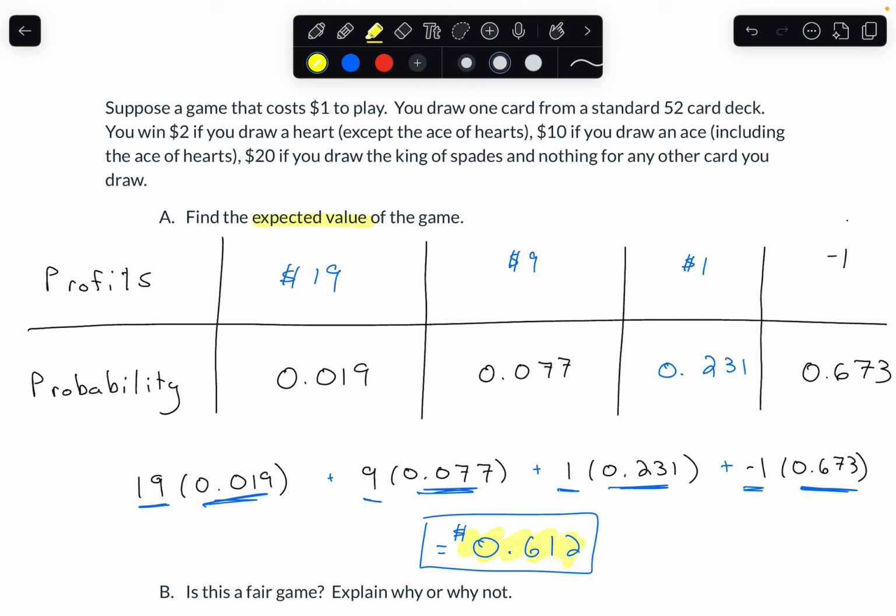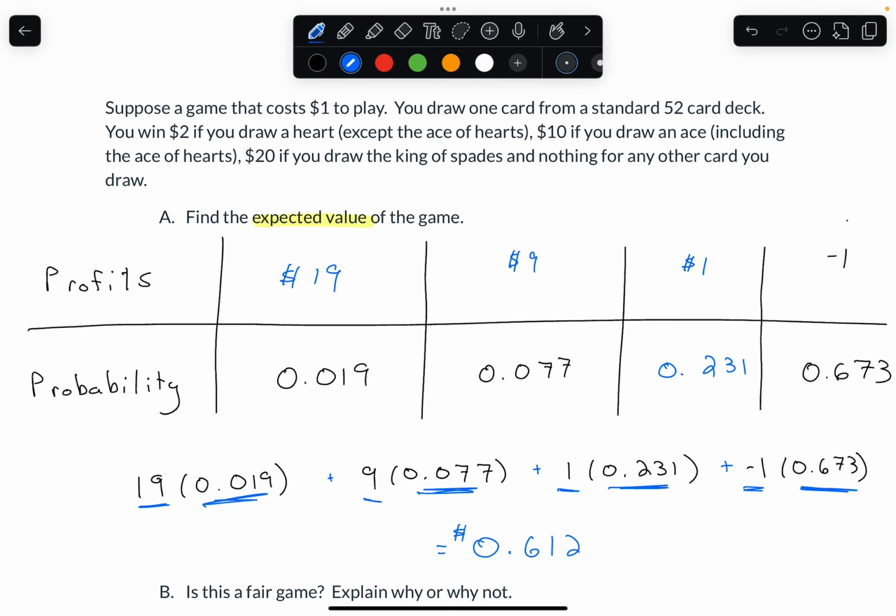What this represents is if you took the amount that you either won or lost every single time and averaged those together, this is the amount that you would end up with. You would end up with 61.2 cents right here. The notation that we use for expected value, there's a couple different ones here, just so that we can talk about that.